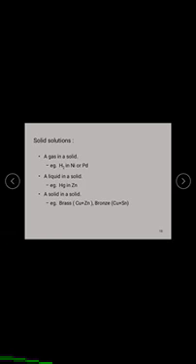A liquid in a solid: zinc amalgam. Mercury is in lesser quantity in zinc, and it is an example of a liquid in a solid. And the last one is a solid in solid. Brass, copper and zinc.